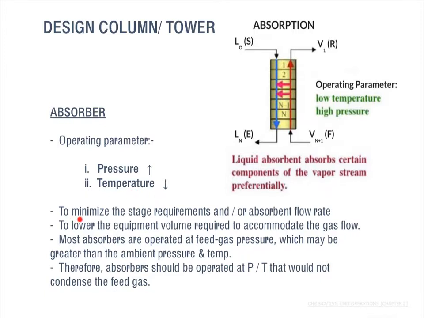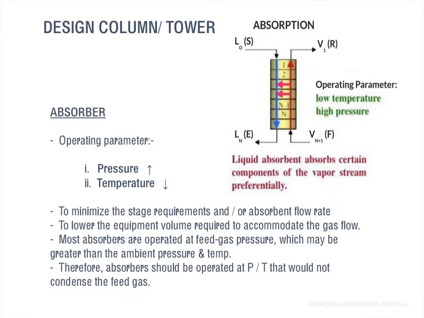In the design, we need to minimize the stage requirement, or the tray requirement, or the absorbent flow rate. Next, we need to lower the equipment volume required to accommodate the gas flow.